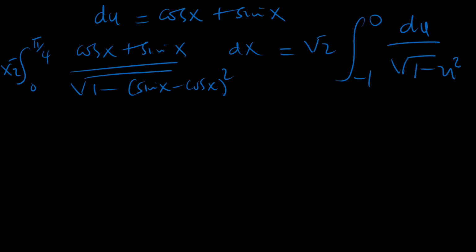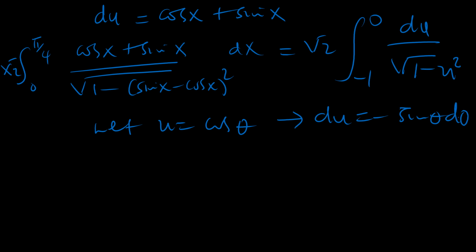And here we can now just say let u be equal to cosine theta, such that du is equal to negative sine theta d theta. At the lower limit we have pi, and at the upper limit we have pi over 2.